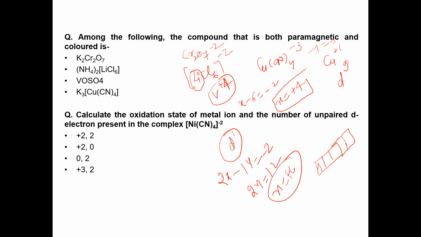So here it is paramagnetic, because there is no pairing of electrons. And colored, because it can transit up to the higher state and show the color, right? Just try the other one also.